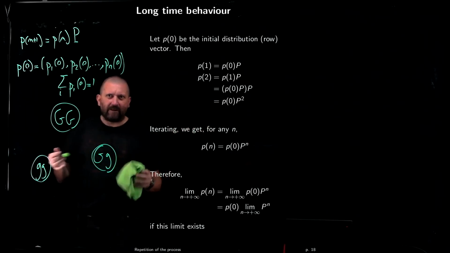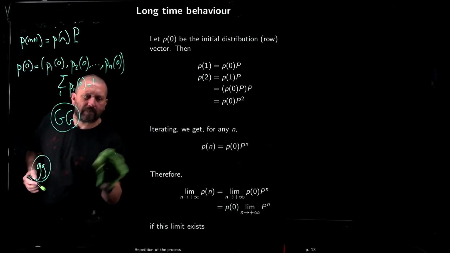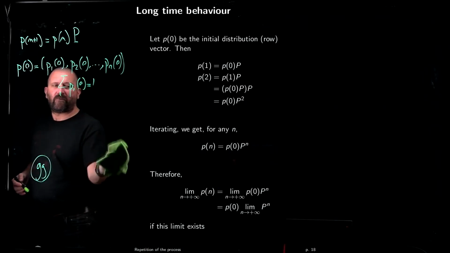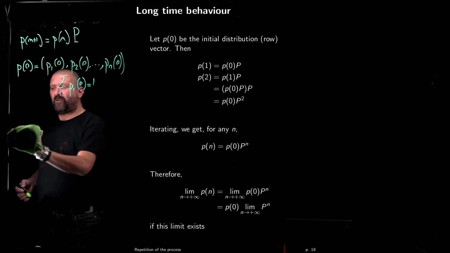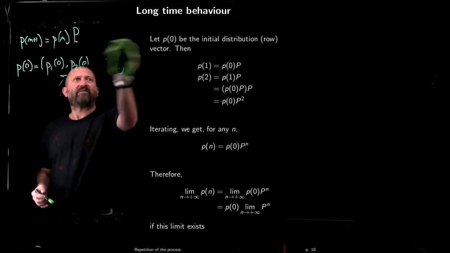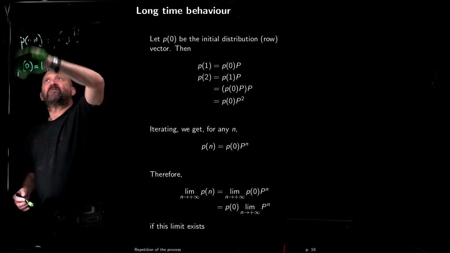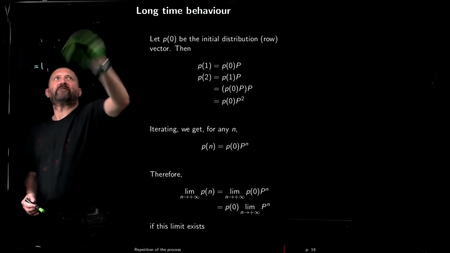But that's the underlying idea. Then we're wondering how things evolve. Well, we have a rule. The Markov chain defines a sequence of iterations.